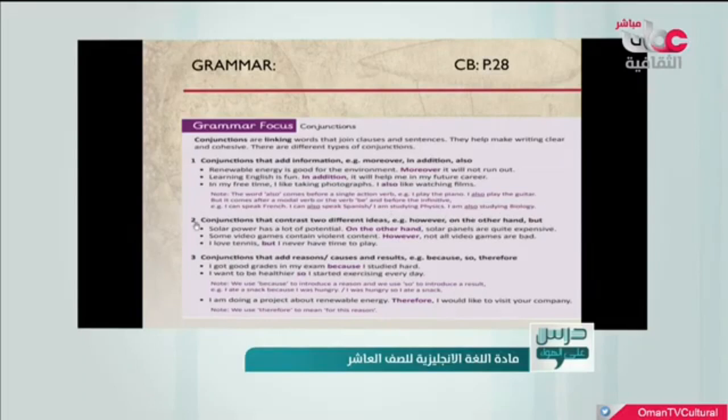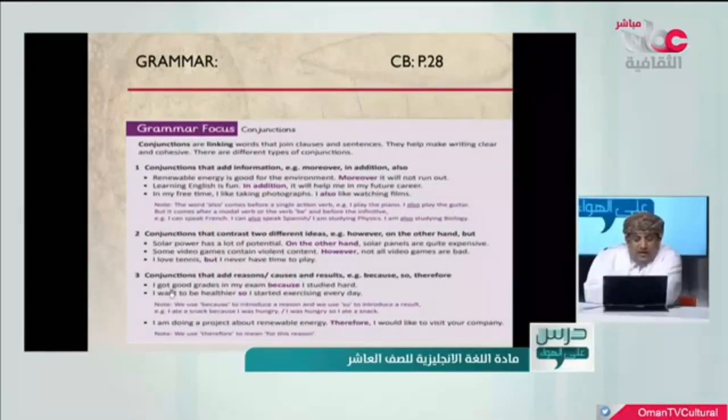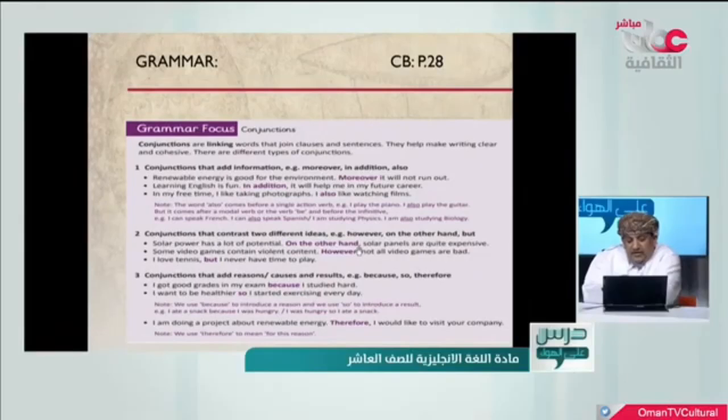The second type is conjunctions that contrast two different ideas. For example, however, on the other hand, and but. These are three linking words. For example, solar power has a lot of potential. On the other hand, solar panels are quite expensive.